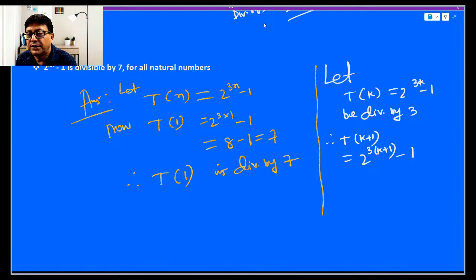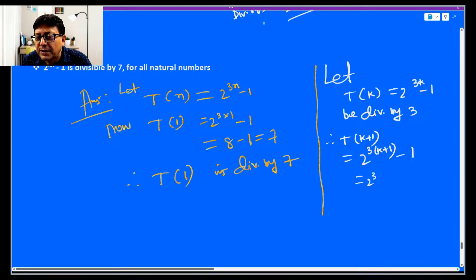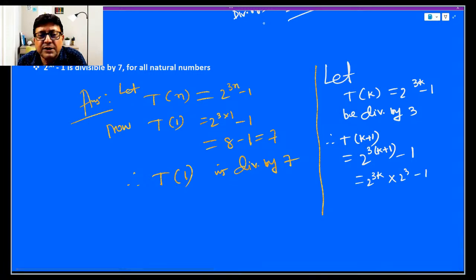Okay? This you write as 2 to the power 3k, 2 cube, minus 1. You write 2 cube, I mean 8, as common. And there is minus 1 you have written, 2 cube into minus 1, minus 8. So you should write.